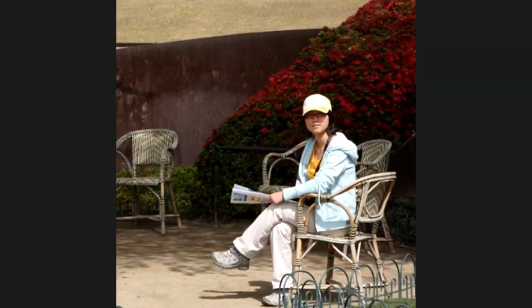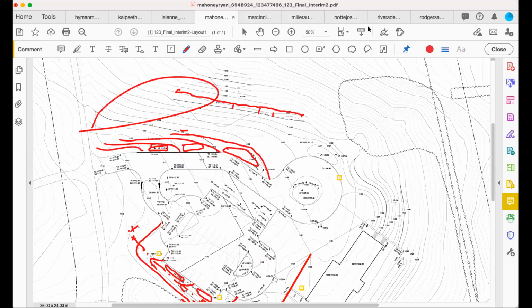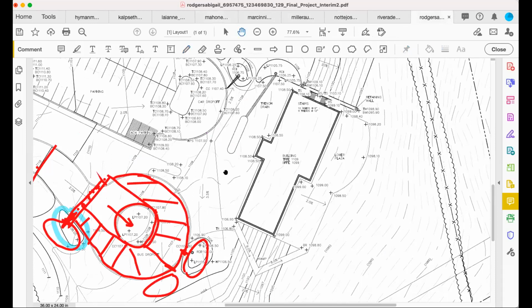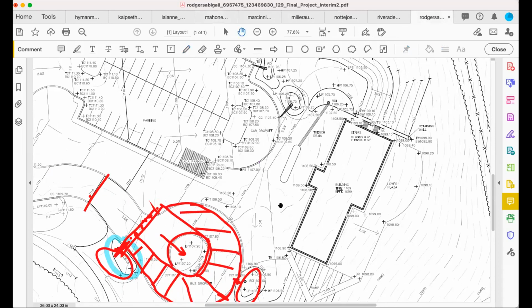Yeah, I would tend to make, so this is my ridge line. I would try to make the swale go that way and the swale go this way.